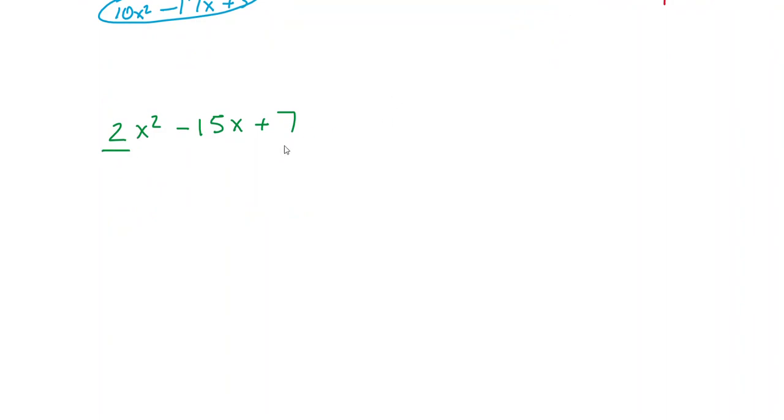So the 2 and the 7. 2 times 7 is 14. So the factors of 14 are 1 times 14. Oh, wait a second. We're trying to get to negative 15, so it's going to be negative 1, negative 14 adds to negative 15. So that's it. There's our two numbers.